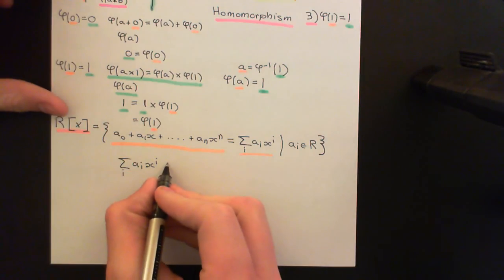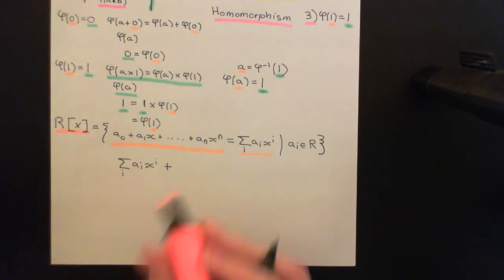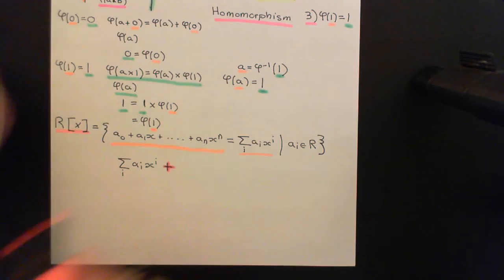Then what we'll do is define how to add two of these polynomials together, and this is the real addition now.